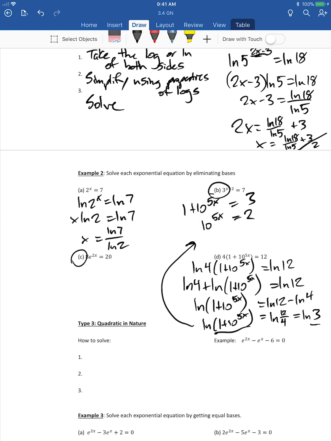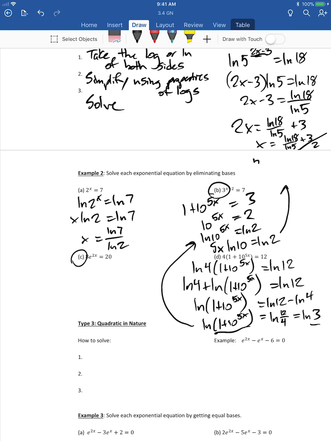But here, x is in the exponent again. I have 5x in the exponent. I need to take the log again. Told you this was a fun problem. Bring down my exponent. I'm sorry, I keep running out of room.